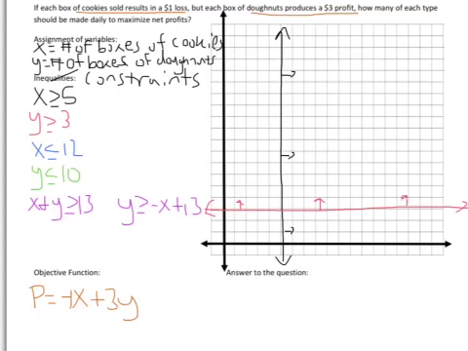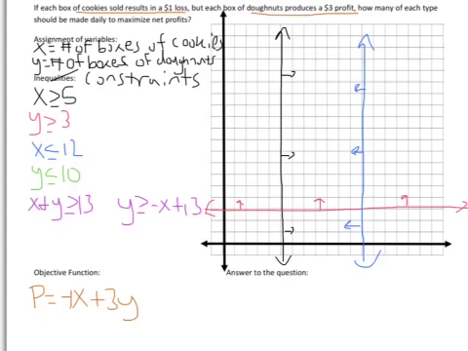Now for x less than or equal to 12, I go over to 12: 6, 7, 8, 9, 10, 11, 12. Yep, that's 12. I'm shading less than, so it's going to be over here.